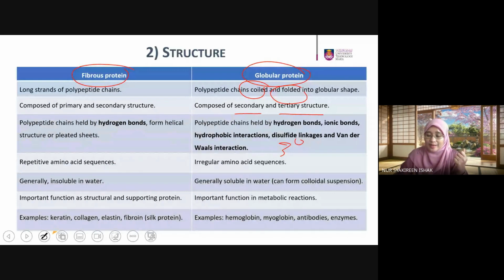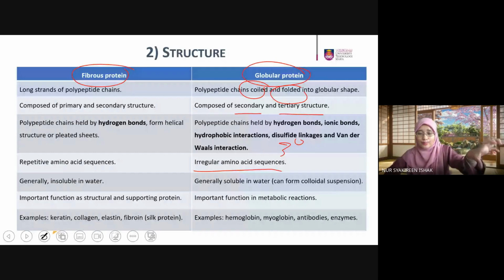And the sequence of amino acid along the chain will be different from one protein to another protein. The sequence of amino acid is different. Kan? Kita ada enzyme A, kita ada enzyme B, kita ada enzyme C. Each of these different enzymes will have different function, catalyze different types of reaction. So therefore, the sequence of amino acid will be different.